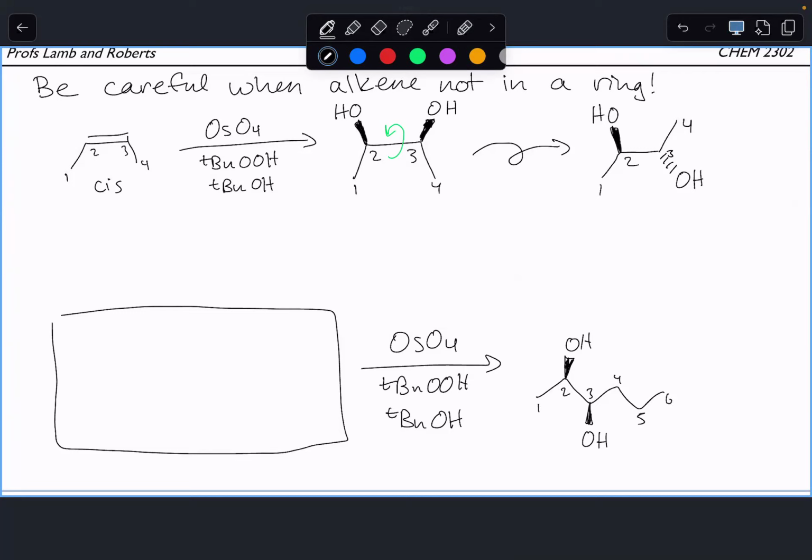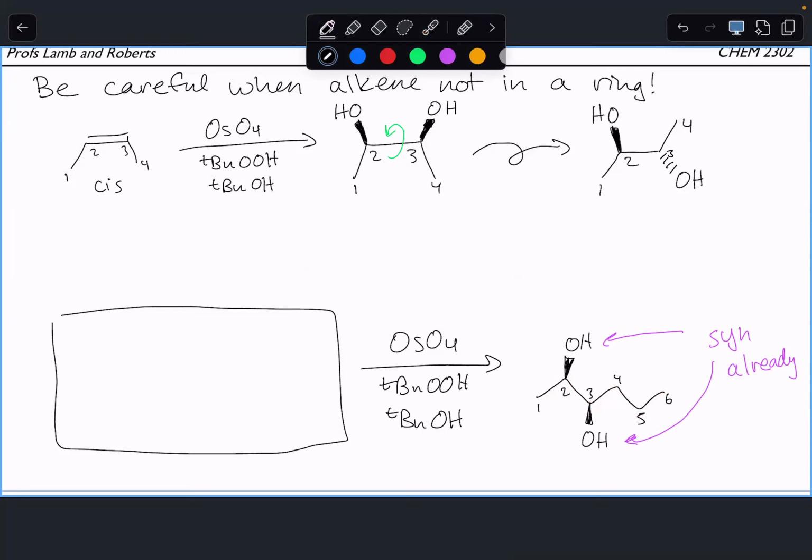Next thing I would do is notice that these two groups are already in that syn orientation. If they were not in a syn orientation, I would then rotate the molecule such that they were in a syn orientation. But now that they are already in a syn orientation, that means that I want the backbone geometry to be the way that it is.